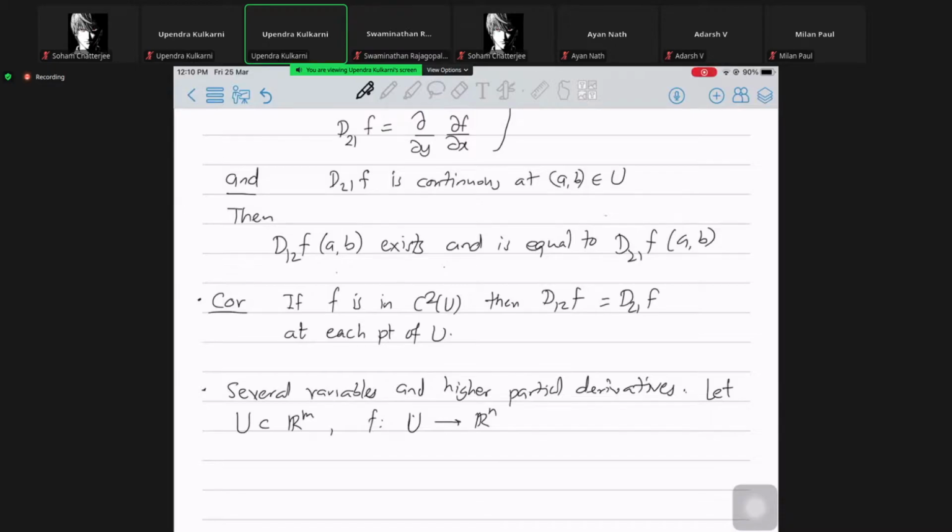And now I want to consider partial derivatives of kth order. And I want to have the analog of this corollary. So let's say I want to take the partial derivative first with respect to x3, then with respect to x7, then with respect to x1, right? So third partial derivative. And I want to say that these operations can be interchanged. What should be the hypothesis on f?